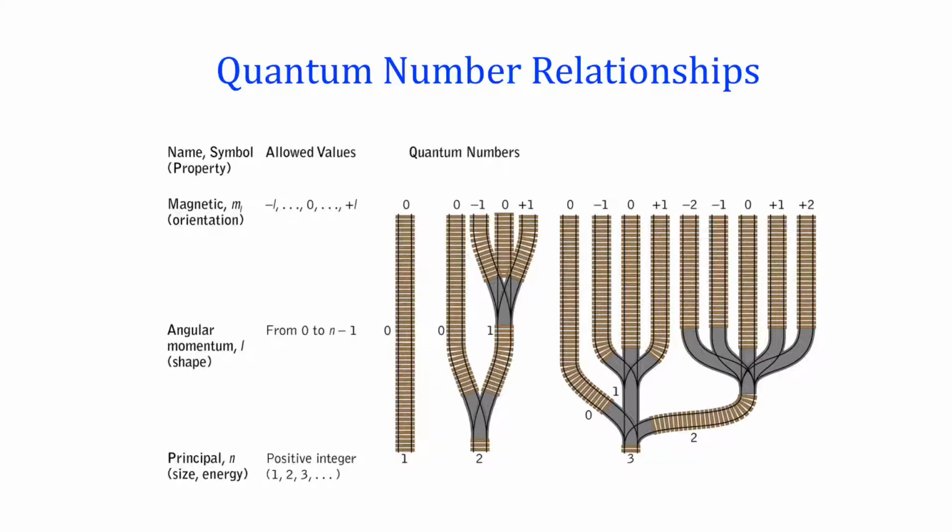The only other quantum number left to consider after these three is our spin quantum number. So just a reminder, we also have our m sub s, that's our spin quantum number. That can take on values of +1/2 and -1/2.